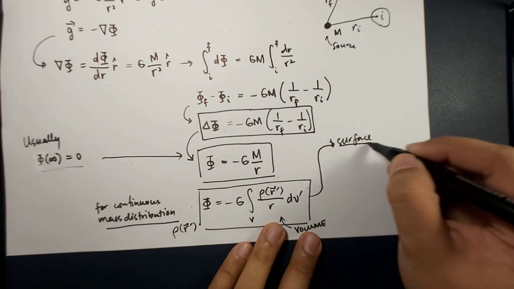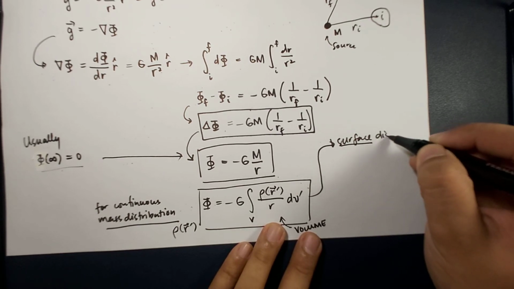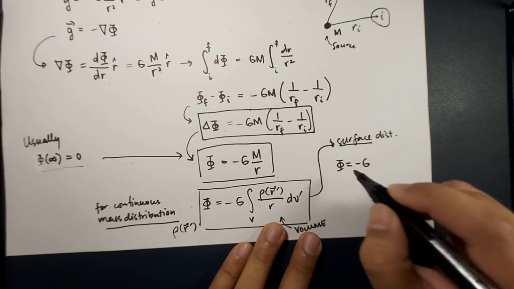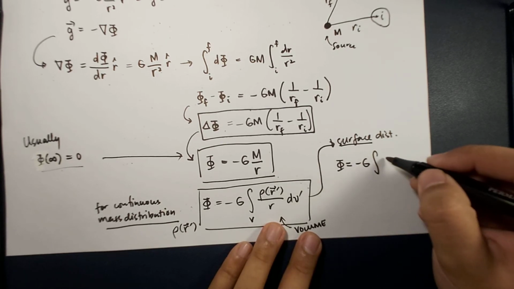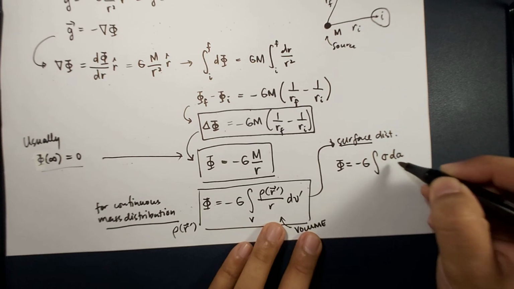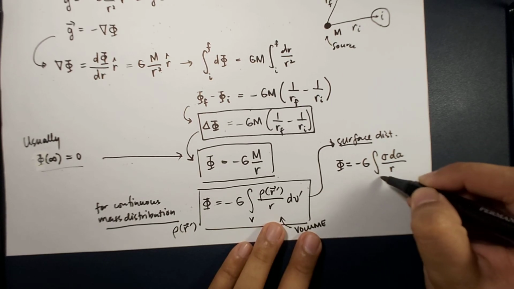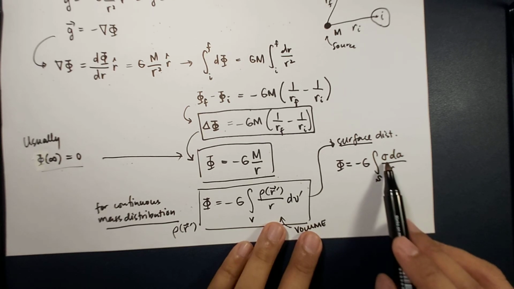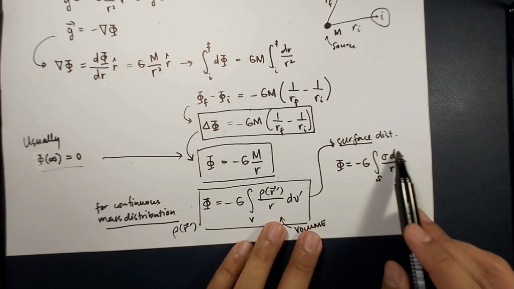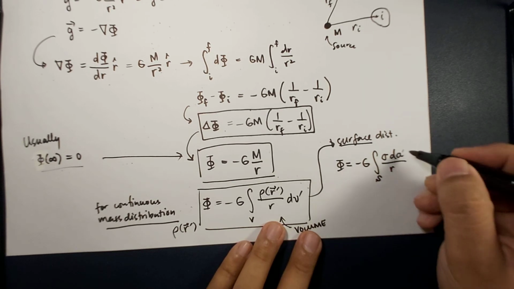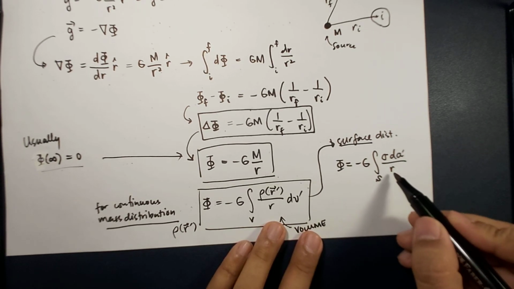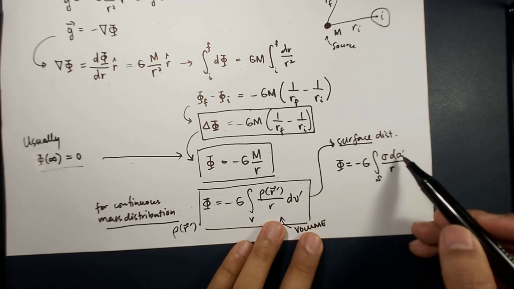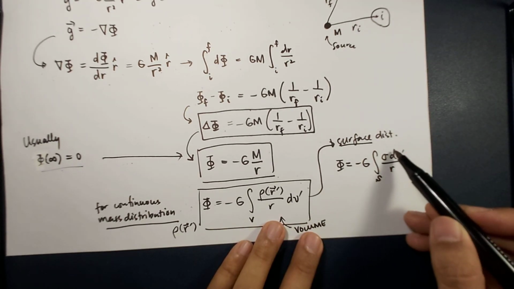For a surface distribution, phi is equal to negative G times the integral of sigma dA prime over r. Here, sigma is your surface mass density, dA prime is your area element, and r is the distance of your field point to your area element.